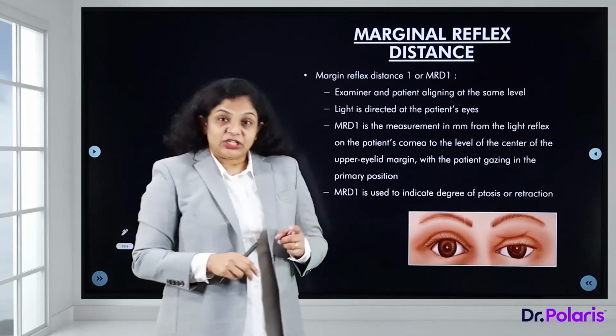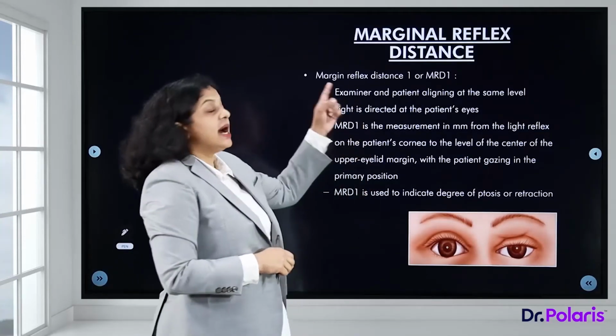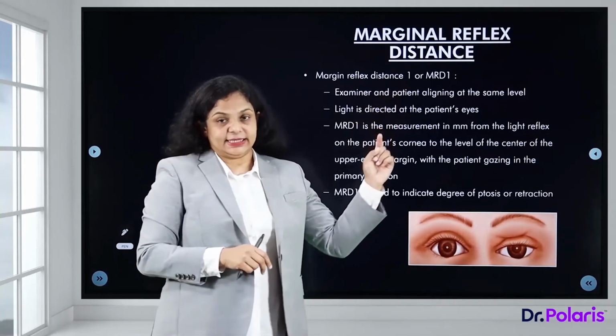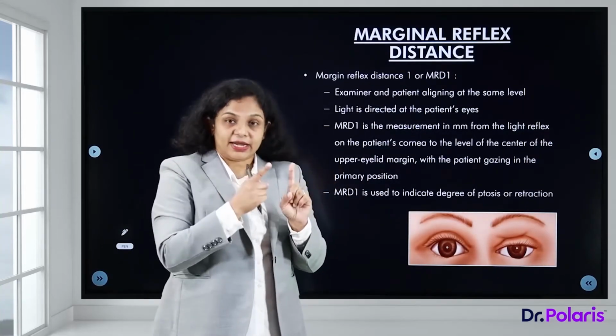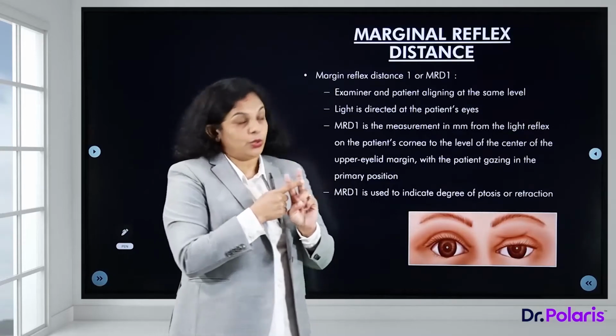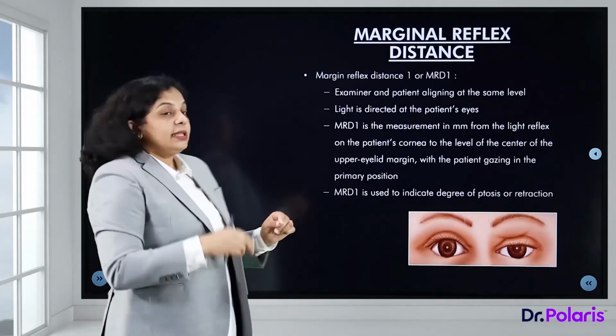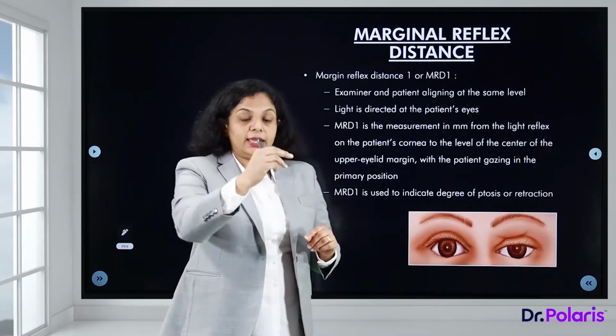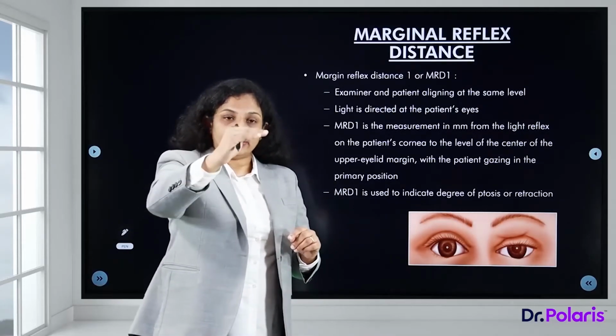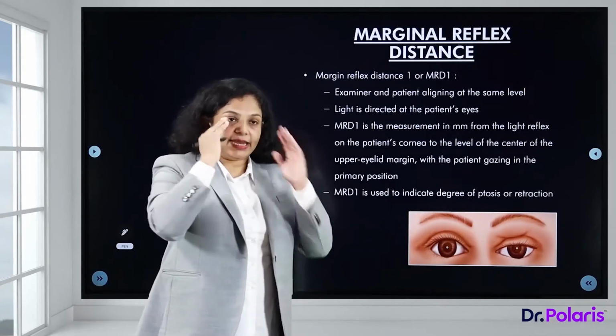Coming on to another measurement that we are going to do, it's called the marginal reflex distance. In marginal reflex distance, you have two types of measurements, the MRD1 and the MRD2. In MRD1, the patient and the examiner are at the same level. Okay, the patient is supposed to look at the normal gaze right in front.